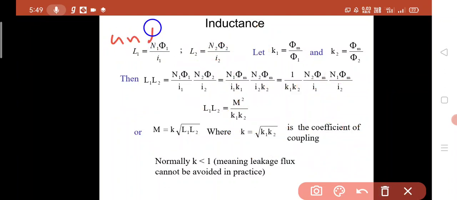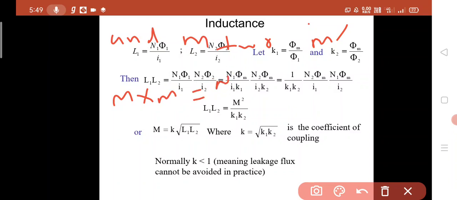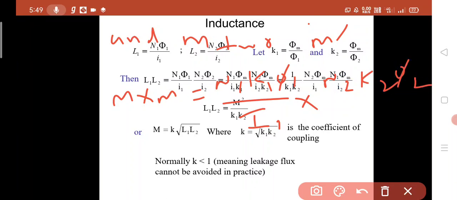Multiplying the two expressions, M into M is equal to N1 K1 phi 1 by I1 into N2 K2 phi 2 by I2.